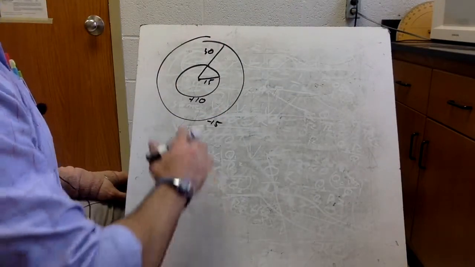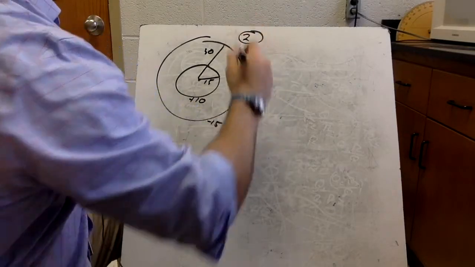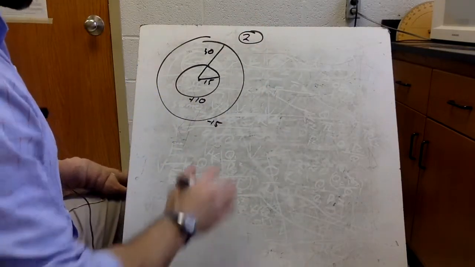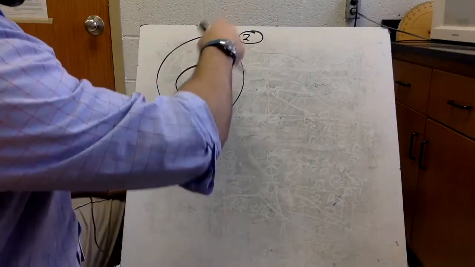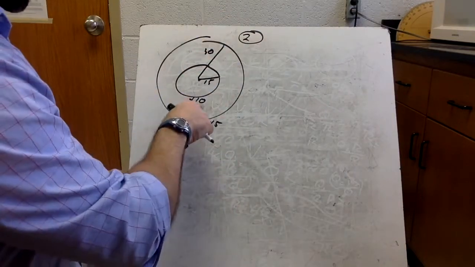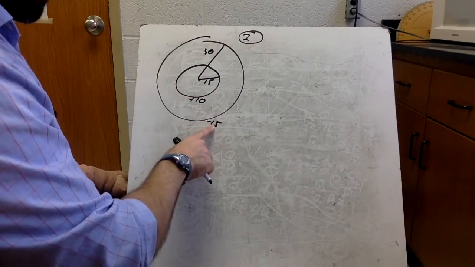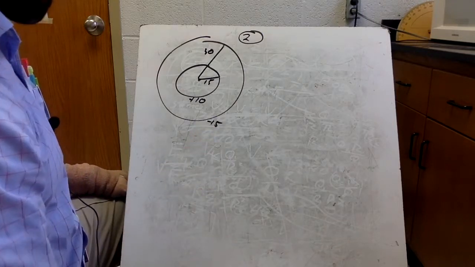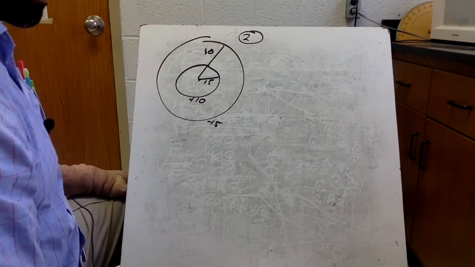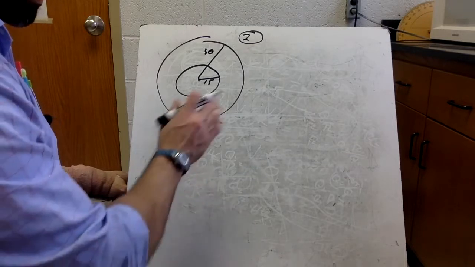Okay, so in this problem, example 2, what we have is two concentric spherical shells, 15 centimeters and 30 centimeters. This one has positive 10 nanocoulombs, and this one is negative 15 nanocoulombs. And we want to know the electric field and the electric potential in these regions.